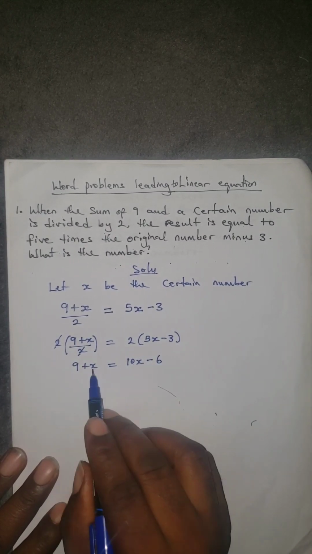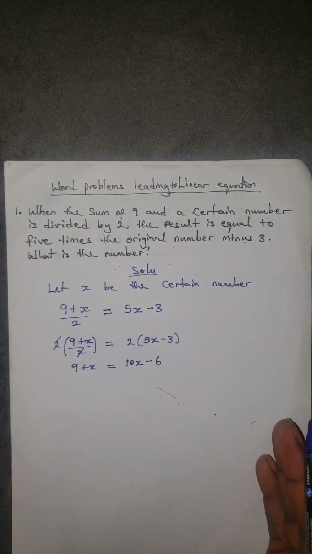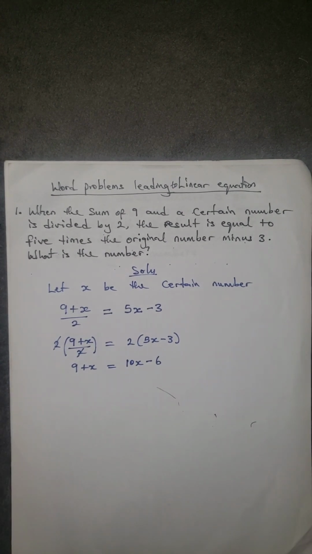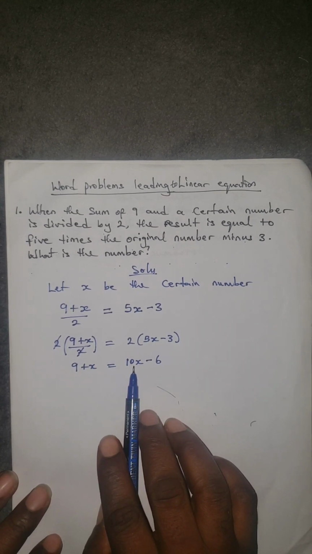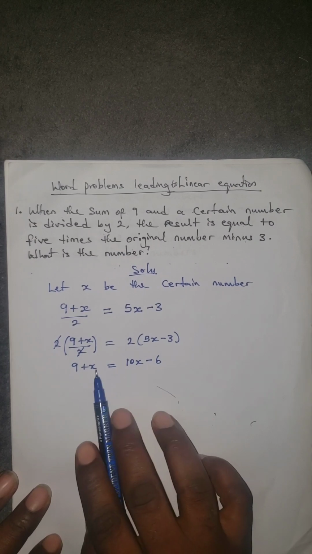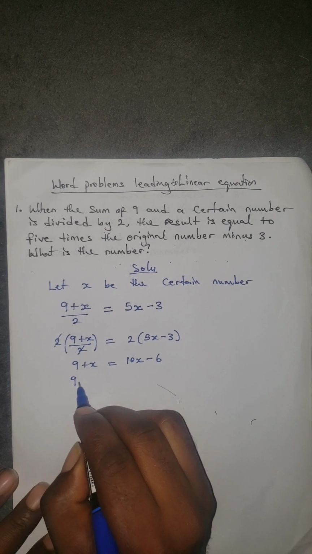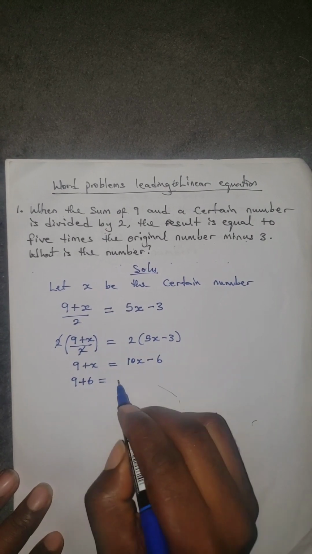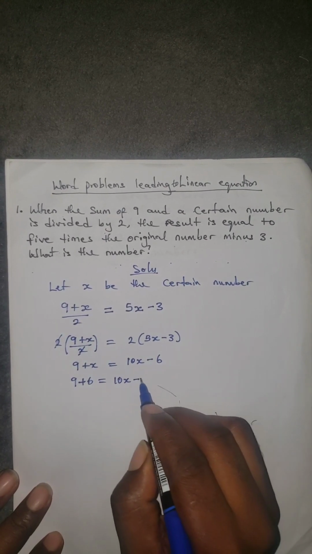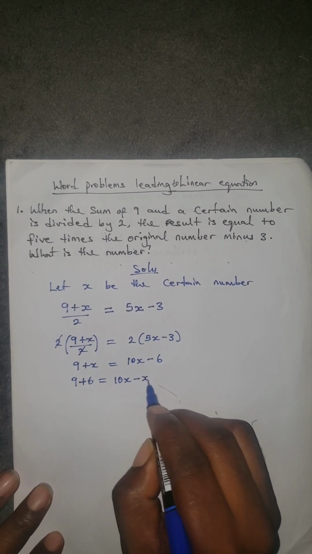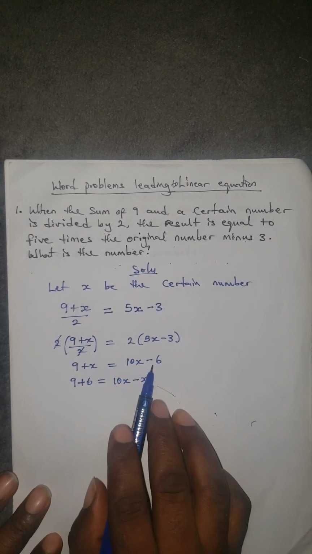I enjoy keeping my variable where it has a larger value. So where I have a larger value of x is at this point. So I will take this x here, then take this 6 here. That will give me 9 plus 6 equals 10x minus x, because this one is moving over.